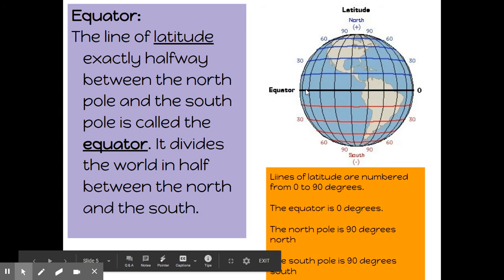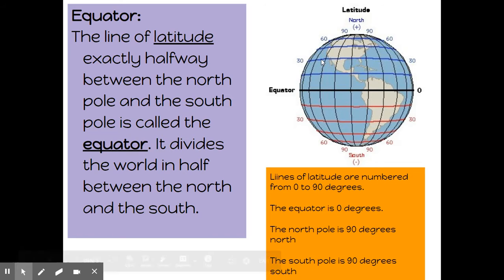Lines of latitude go this way, east to west. They're horizontal lines. And the line that cuts the world in two, that goes right around the middle of the world, is called the equator. Everything above the equator is in the northern hemisphere, and everything below the equator is in the southern hemisphere.